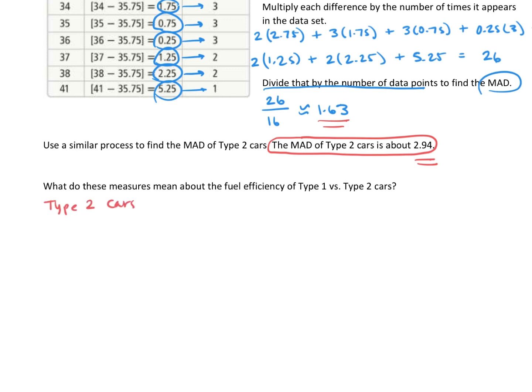Type 2 cars have a MAD, mean absolute deviation, of 2.94, which is higher than the MAD for the type 1 cars.